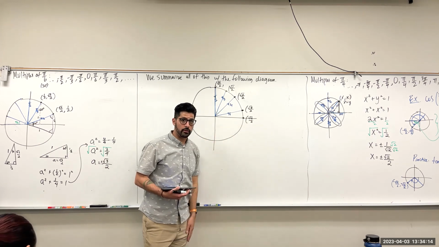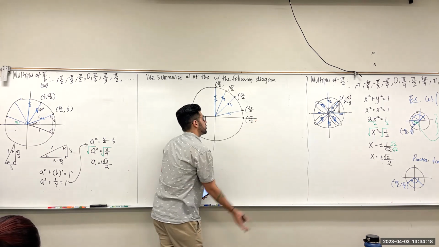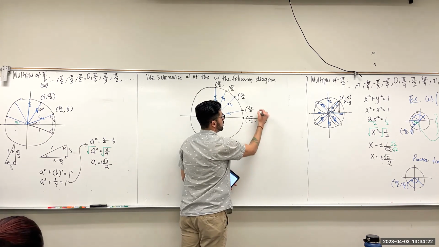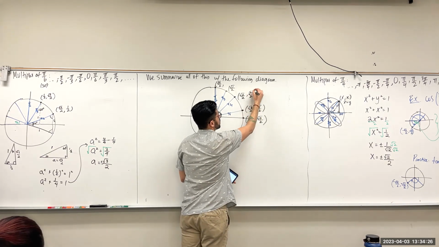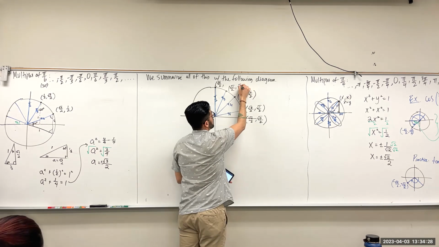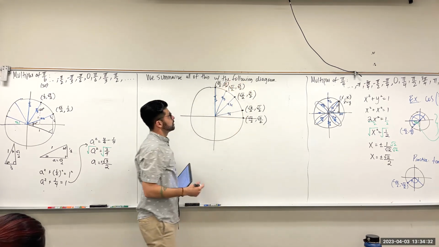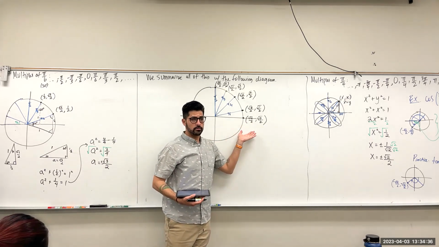So that works with the x coordinate. For the y coordinate, you just do the same thing backwards. Root 0/2, root 1/2, root 2/2, root 3/2, and then root 4/2. As long as you simplify it, you'll get the right coordinates.